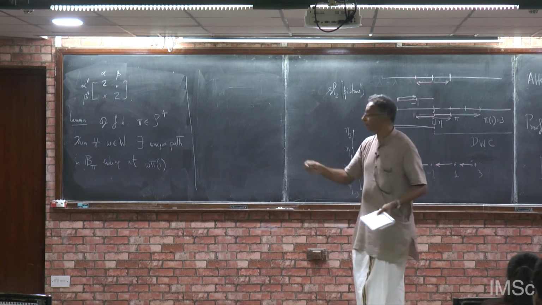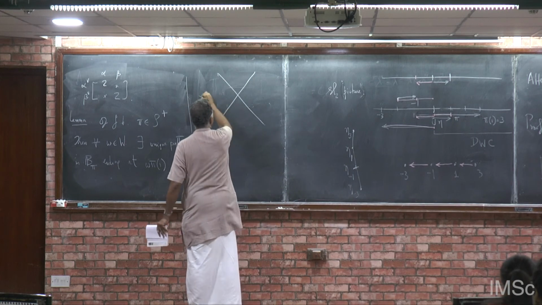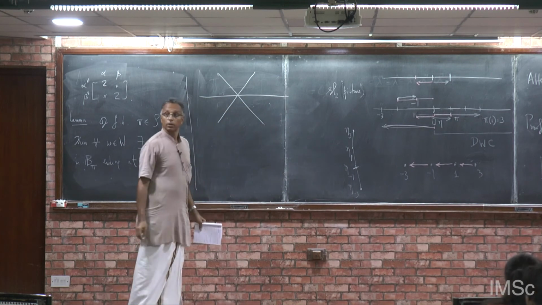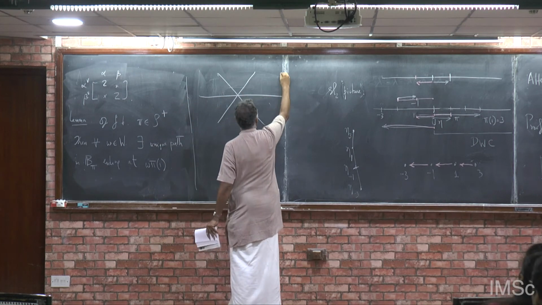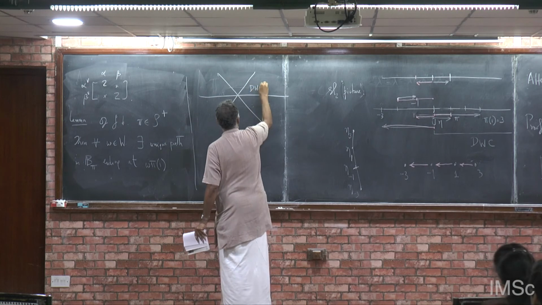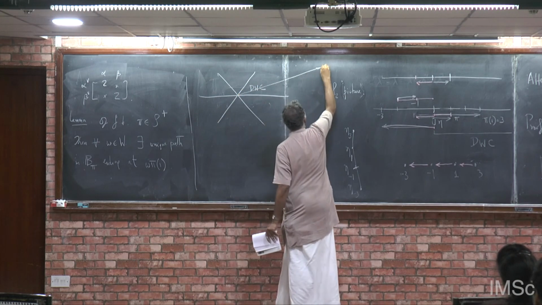So, G is finite dimensional. Let's say we are in SL3. That means we are looking at a picture like this, right? This is the dominant Weyl chamber, and pi is some path, let's say a straight line path that ends at some point here.